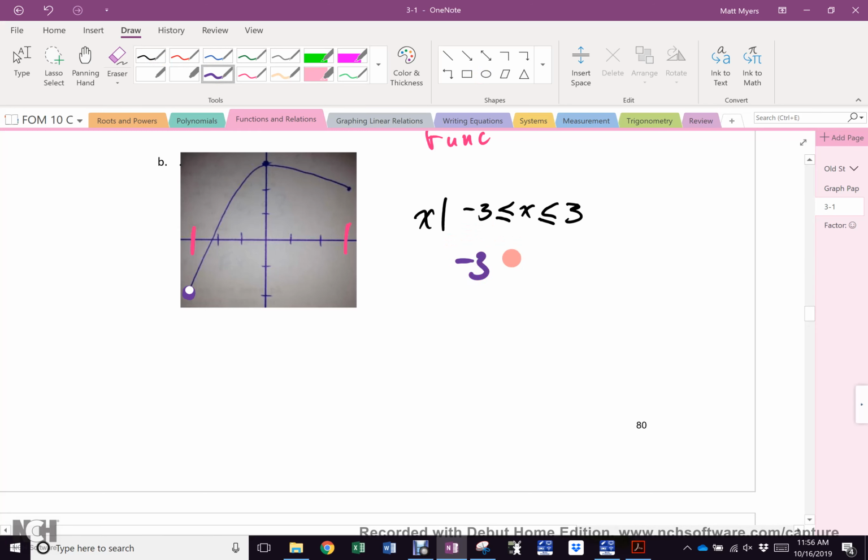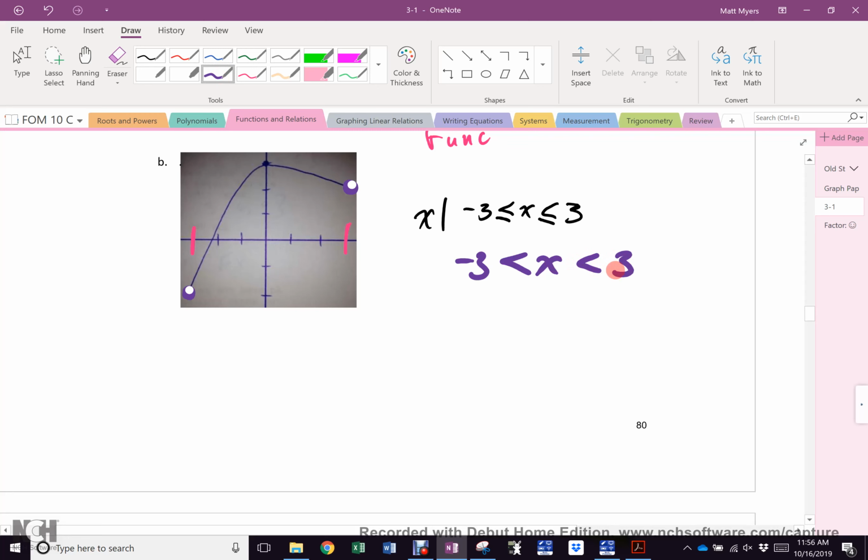Not greater than, it's still on the left. Less than x with no equal sign. Everybody understand? And this one up here, big purple dot. Don't color it in. Now what would I write there instead? Less than 3. Everybody cool?